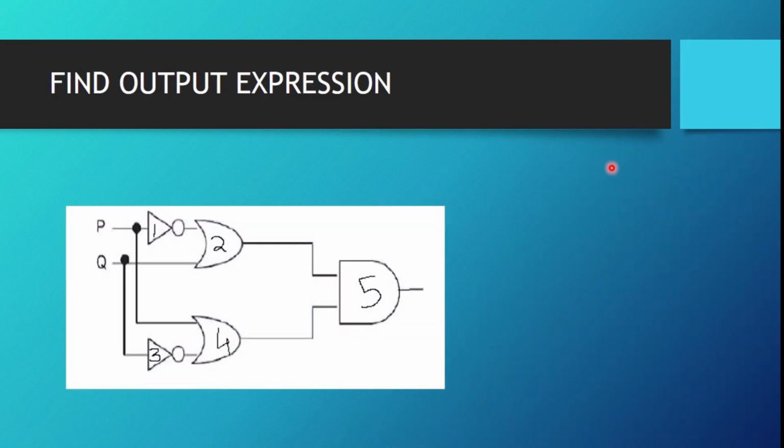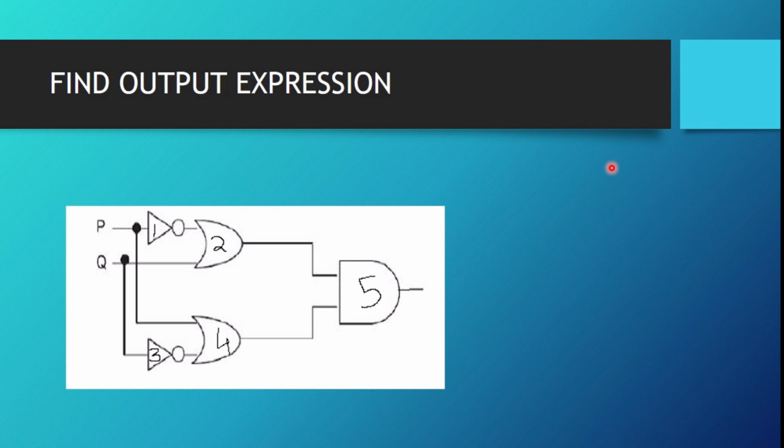Now the next type of questions we are having, that we have to find out the output expression and we are given the input circuit diagram. As you can see here in this diagram there are 5 gates. Gate number 1 and 3 are NOT gates. Gate number 2 and 4 are the OR gates, and gate number 5 is AND gate.